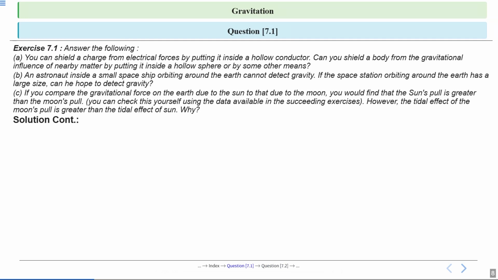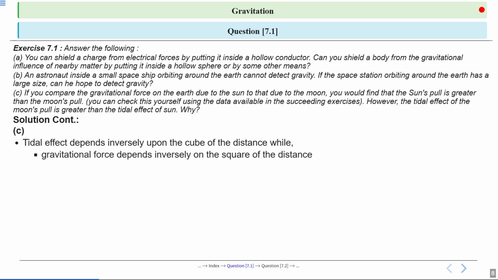See, tidal effect depends inversely upon the cube of the distance, while gravitational force depends inversely on the square of the distance. So, gravitational force decreases with the square of the distance.